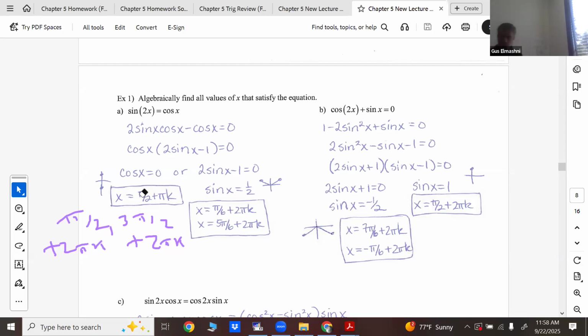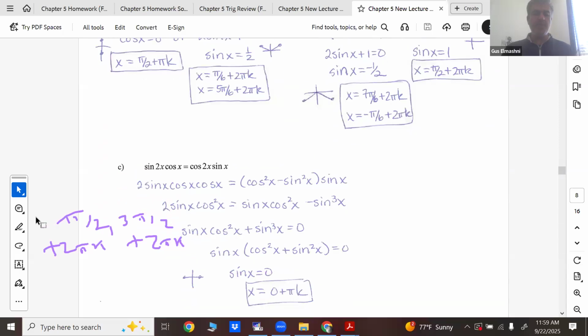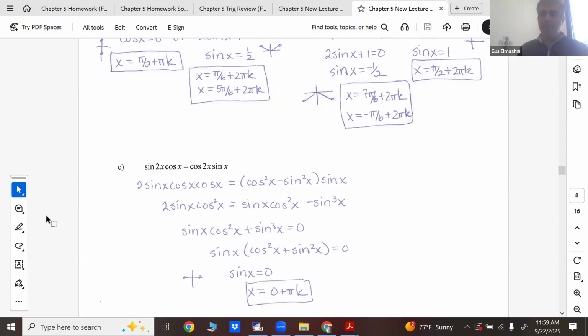So A and B are more typical questions. C is a little crazy. Let me show what's going on in C. Well, it's not too crazy, I suppose. The variation here was cos squared minus sine squared, which was kind of nice because then you get sine x cos squared x, and you get that on the other side, so you combine like terms.